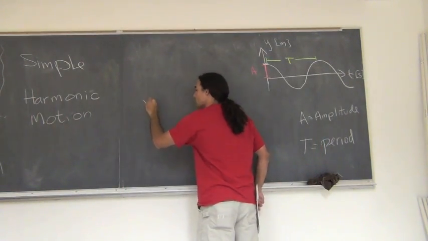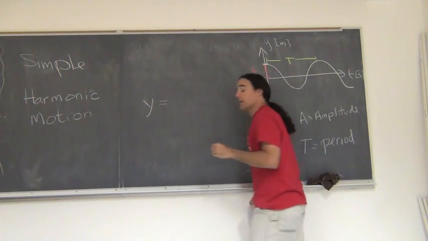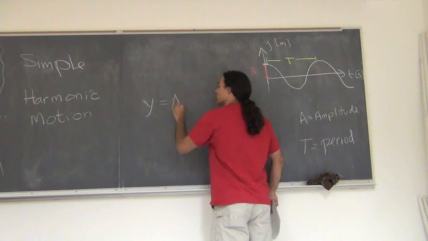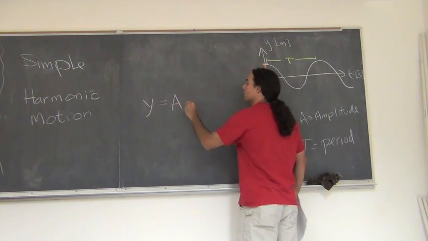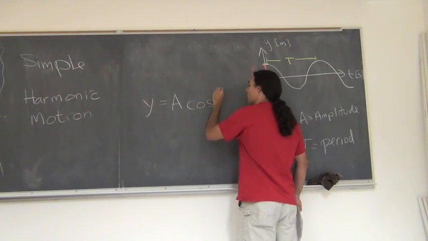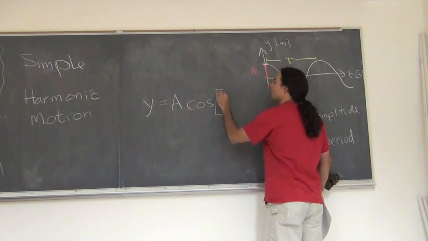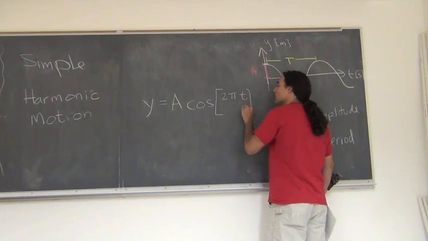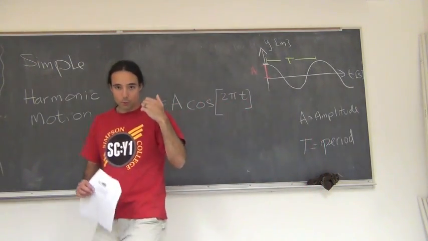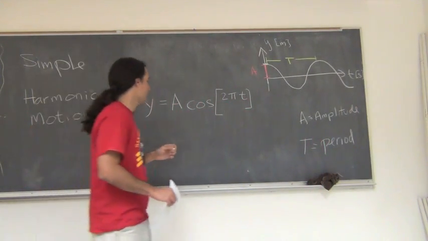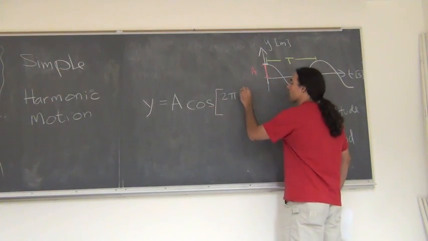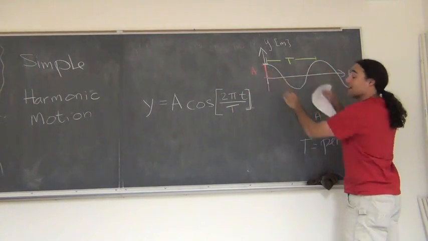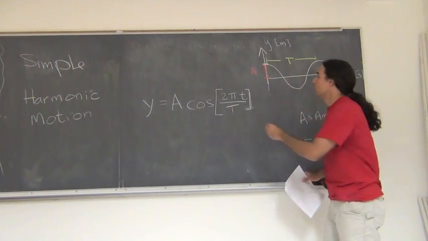If I want to know the height of my mass on the spring, we're going to write that as some amplitude times the cosine of 2 pi times time. So this is a height that will change over time. It'll be a function of time. 2 pi times the time divided by the period, which is how much time it takes to repeat a cycle.